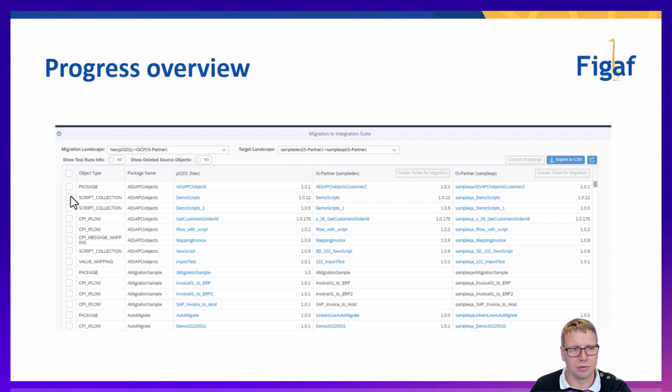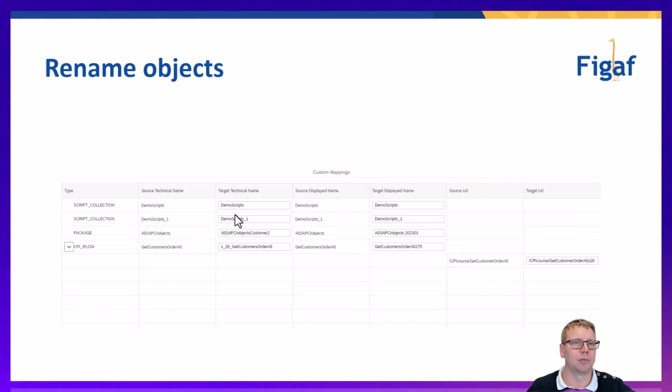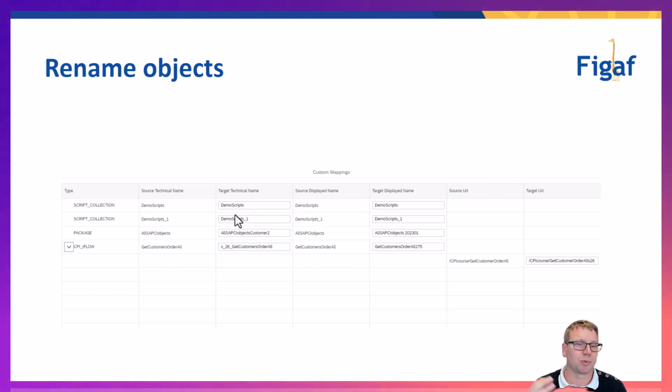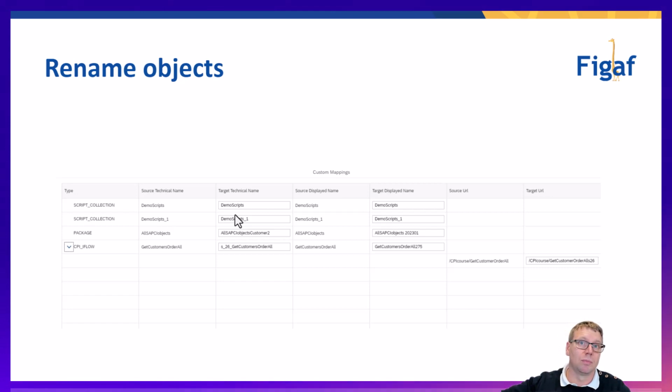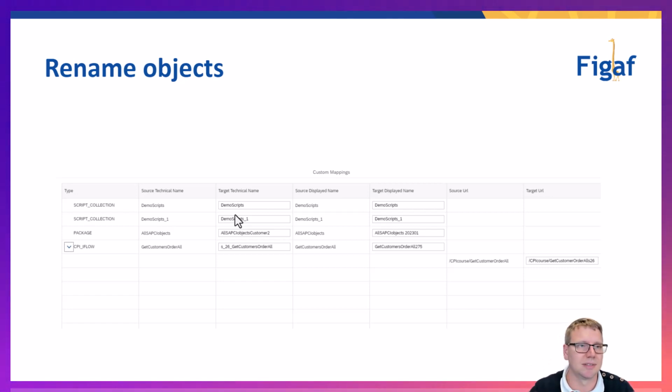What you can then do is select a number of iFlows, create custom mapping, and that would allow you to customize these mapping rules between these two systems with script collections, etc. And that means that once you move it into the new landscape, everything will be set up using this new way of handling things.